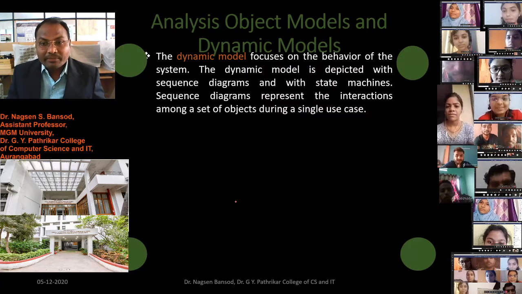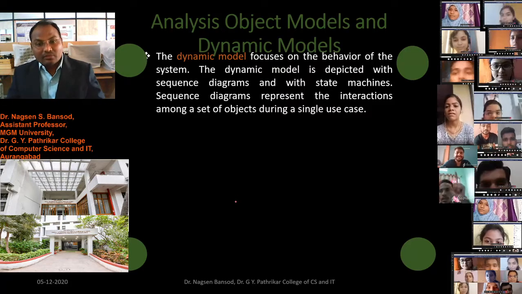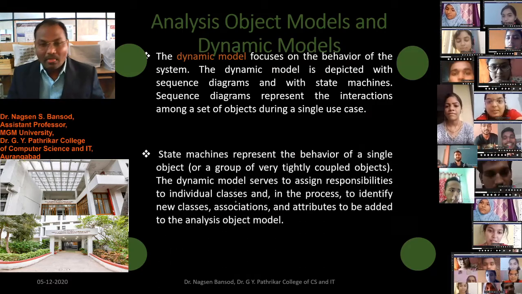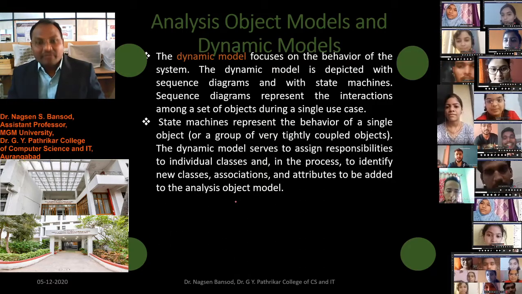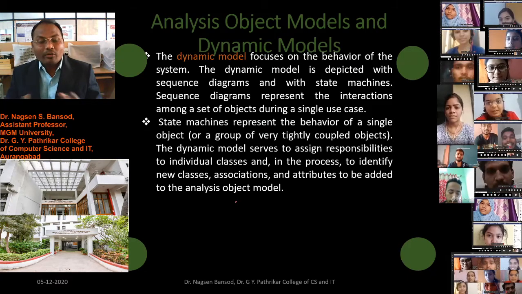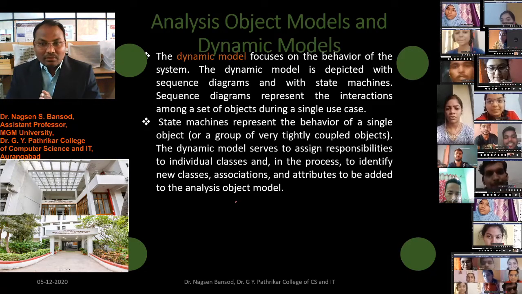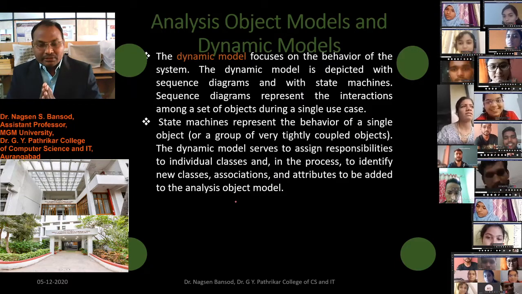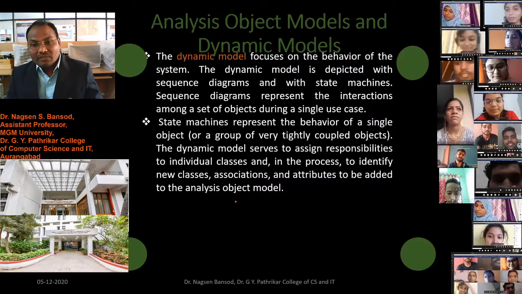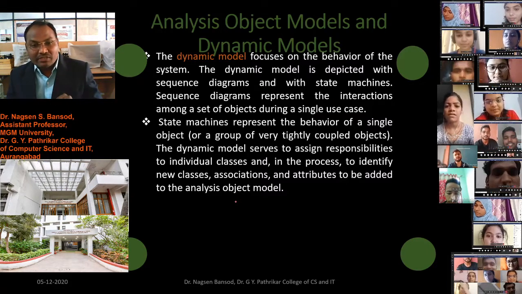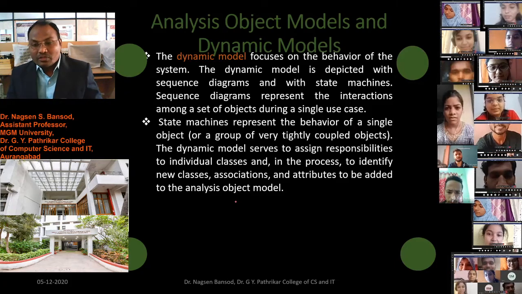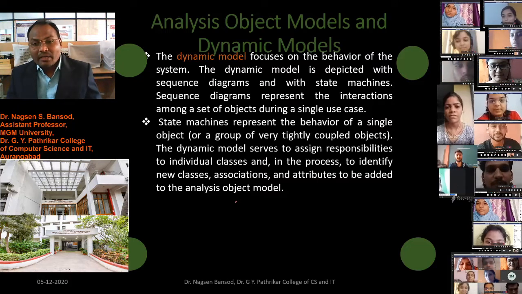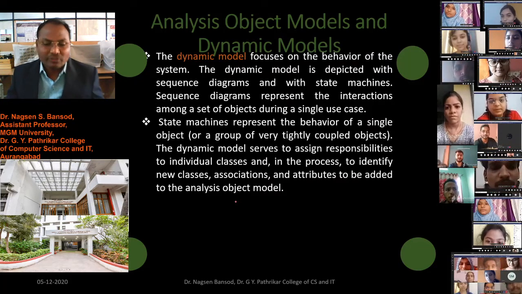A sequence diagram represents the interaction among a set of objects during a single use case, whereas a state machine diagram represents the behavior of a single object or a group of very tightly coupled objects. The dynamic model serves to assign responsibilities to individual classes and, in the process, to identify new classes, new associations and attributes to be added to the analysis object model.